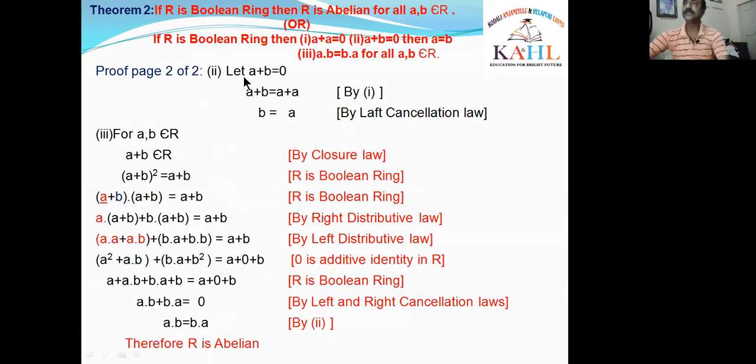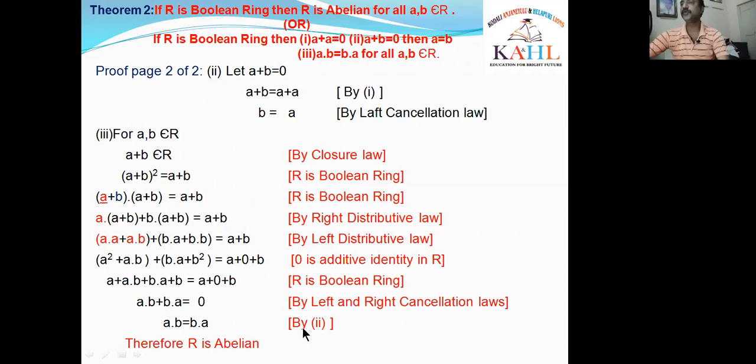What is the first bit? A plus B equal to 0. If we take A plus B equal to 0, then A is equal to B. Is it right? Similarly, if we apply the same condition here, this total is A, this total is B. A plus B equal to 0 means A is equal to B. That means AB plus BA equal to 0 implies AB is equal to BA.